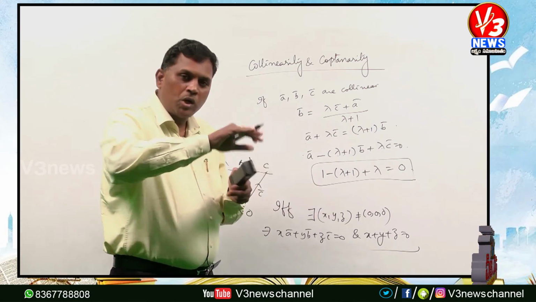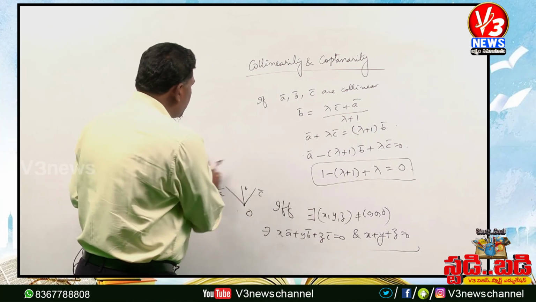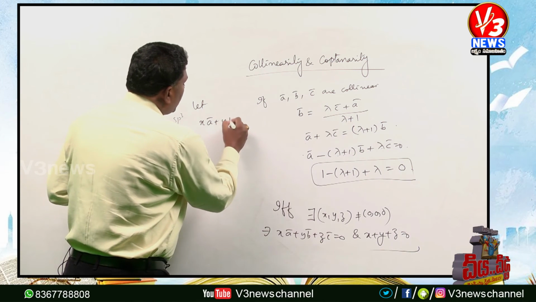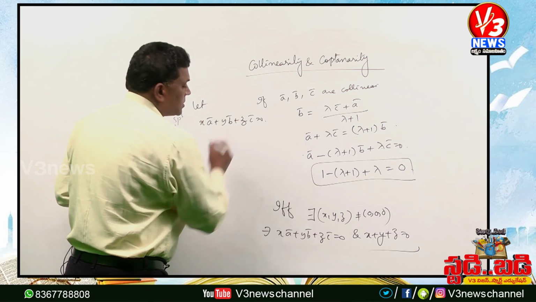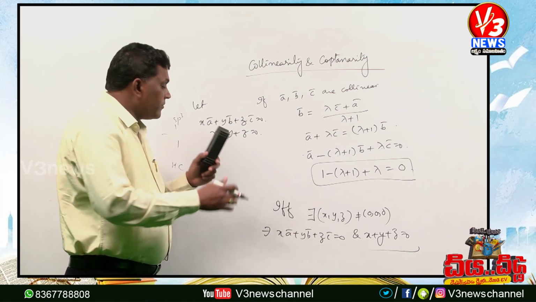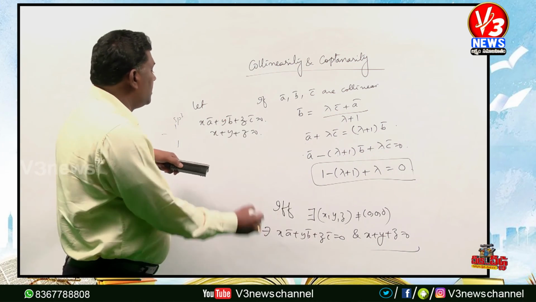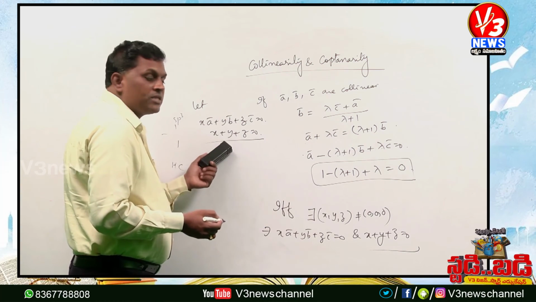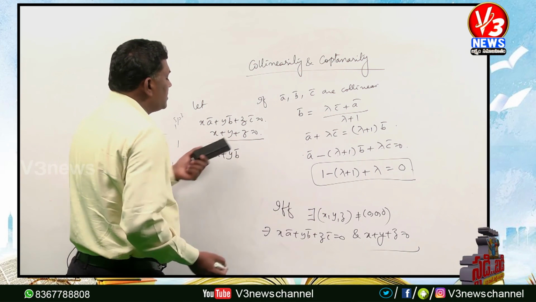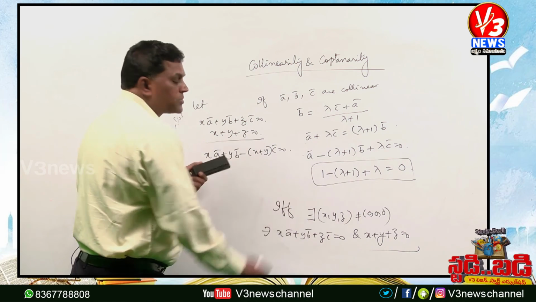Now conversely, if you think of the reverse direction, what happens? Let x a bar plus y b bar plus z c bar equals 0 and x plus y plus z equals 0. This condition is given, and we have to show that these are collinear. How is this possible? From x plus y plus z equals 0, eliminate one variable: x a bar plus y b bar plus, in place of z, write minus (x plus y) c bar equals 0.